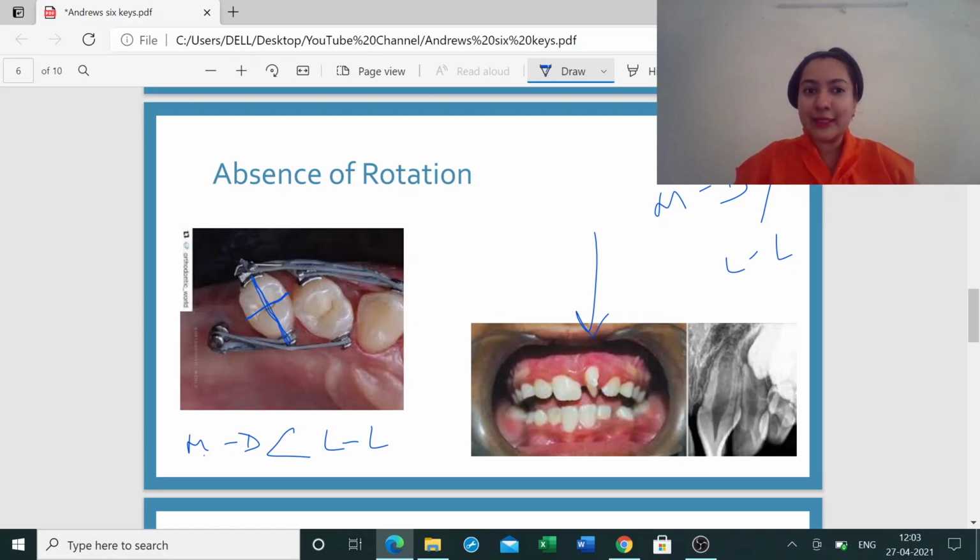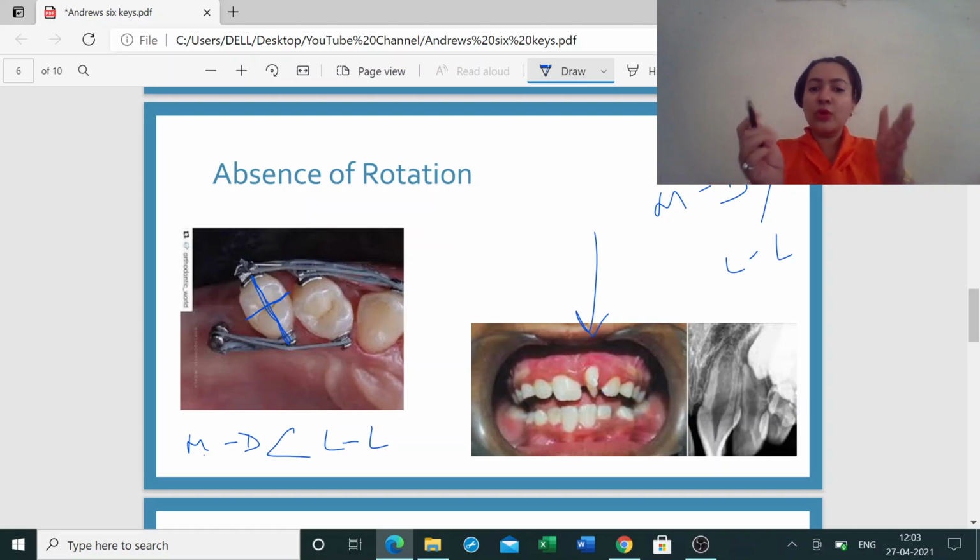I hope it is clear. Absence of rotation is one of the key features to have a good and normal occlusion. An upper anterior tooth needs space to correct the rotation, whereas a posterior tooth, for example, premolar, gives us space when it gets corrected, all because of difference in the mesio-distal and labiolingual width.